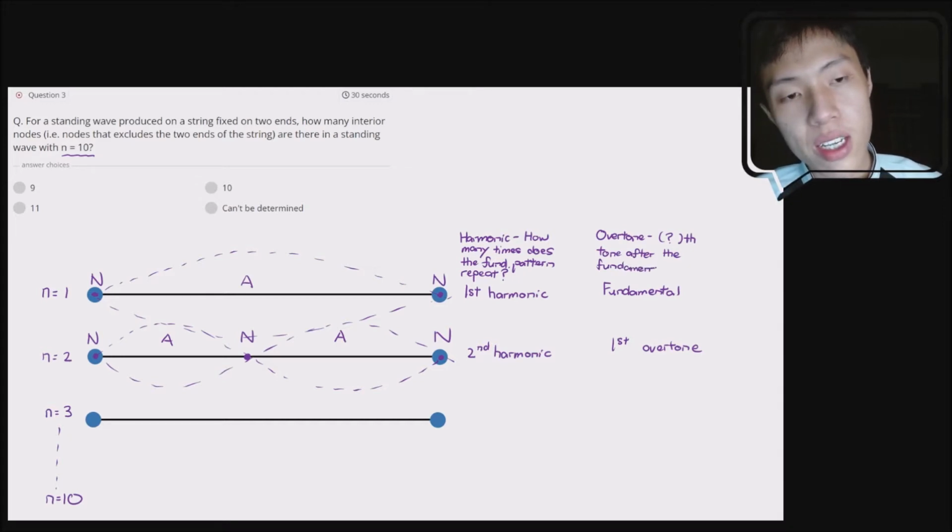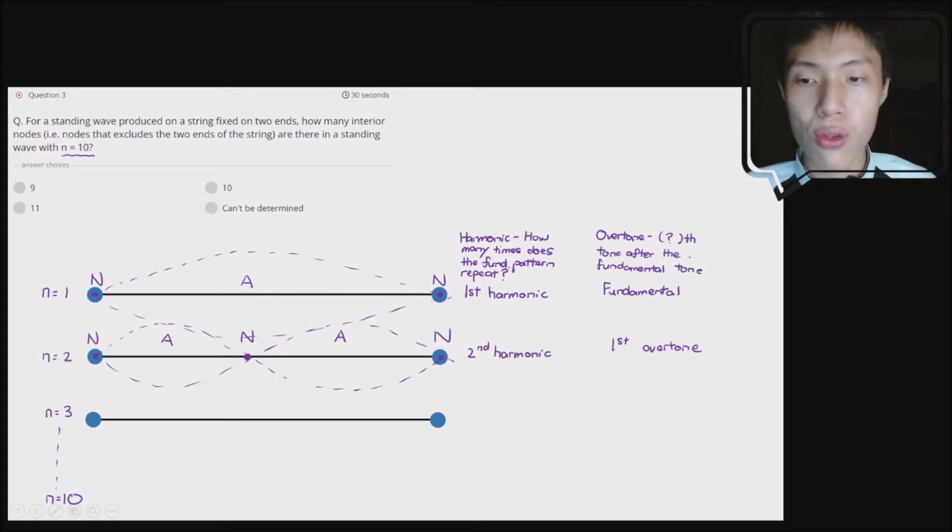So if I say it's the first overtone, then that means it's the first tone after the fundamental tone. The first tone after the fundamental tone is the second harmonic, because that's the second simplest standing wave that you can produce. And of course, if you go another level higher, then it becomes the second overtone.